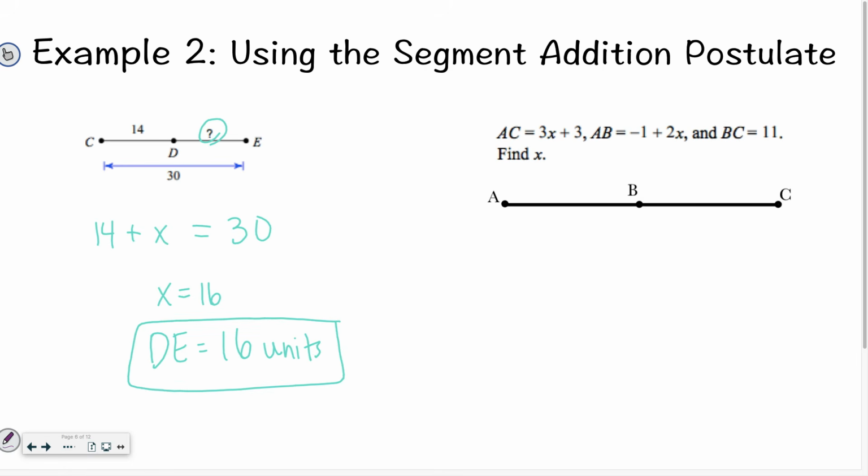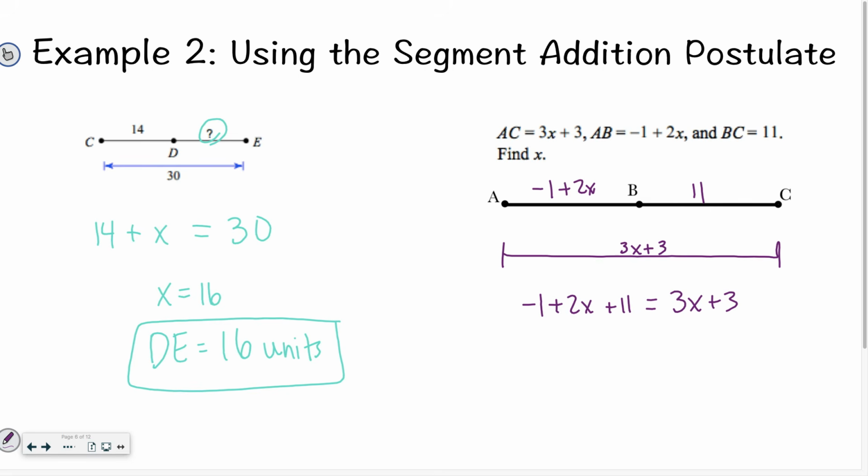All right, the second one, same idea, just slightly different. So AC, the whole thing, equals 3x plus 3. AB equals negative 1 plus 2x. And BC equals 11. So again, I'm going to add the 2 smaller segments together, negative 1 plus 2x plus 11, and I'm going to set it equal to the whole segment, 3x plus 3. And I'll solve from there.